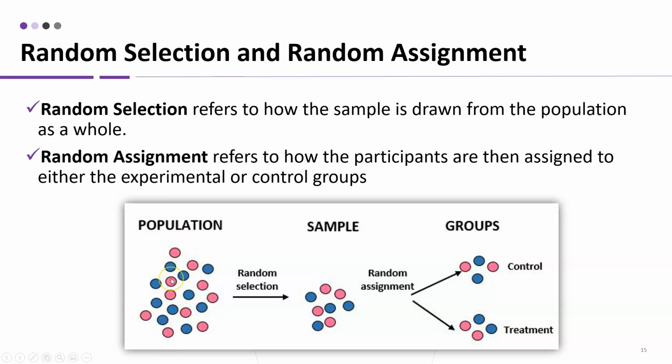Here's your entire population, right? And from that population, you have a random selection of your sample. Only certain types of sampling procedures will do that. Random assignment means that once you have your sample, no matter how you've gotten it, you now divide them up randomly into experimental and control groups, which is what's called assignment.